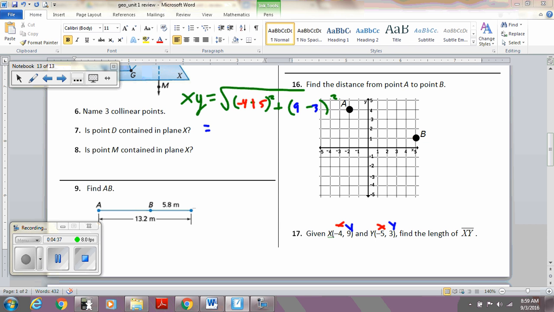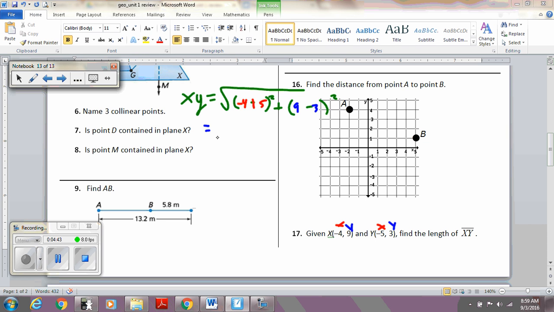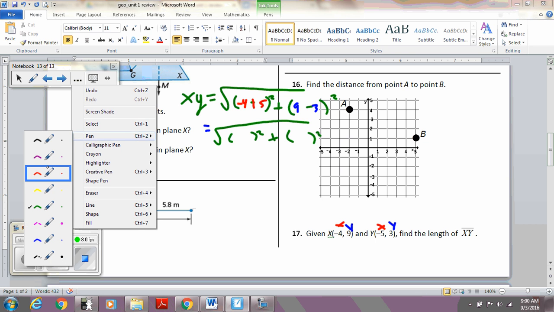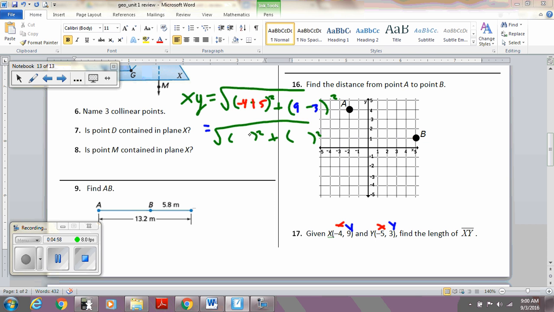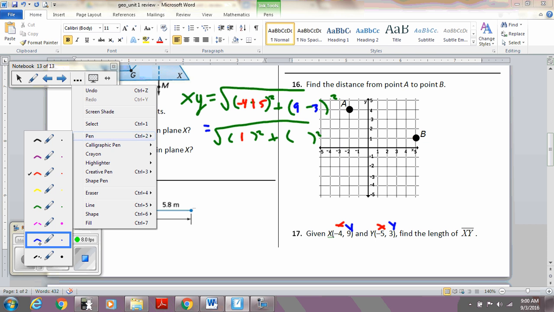Bring down your skeleton and take care of everything inside the parentheses. So inside the first set of parentheses, it's negative 4 plus 5, so that's a positive 1. Inside the second parentheses, it's 9 minus 3, which is 6.